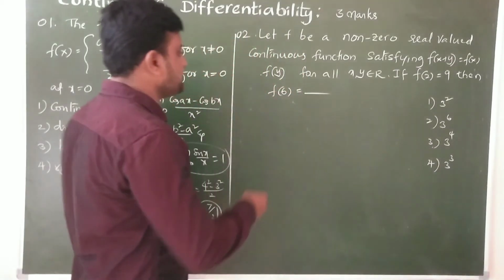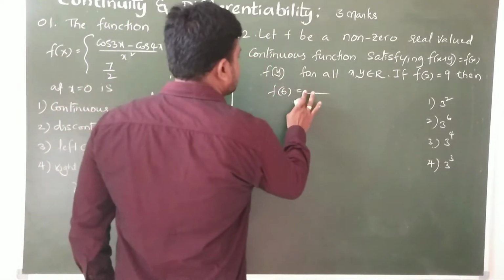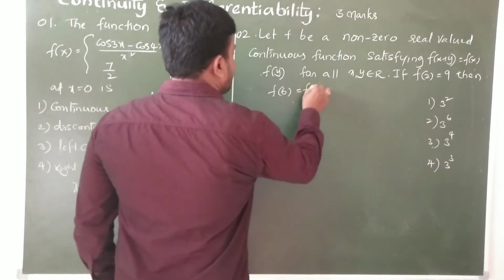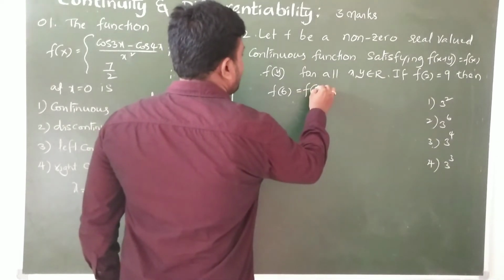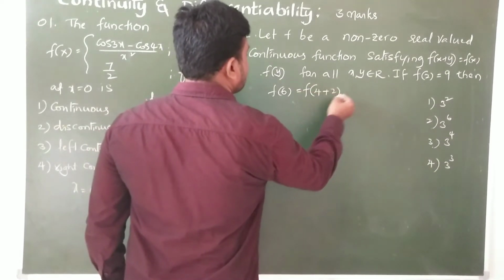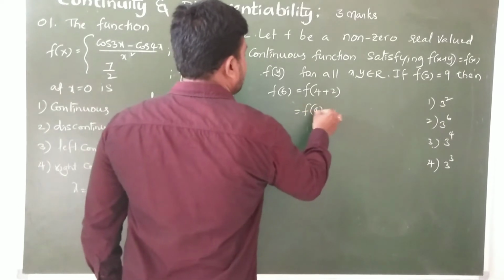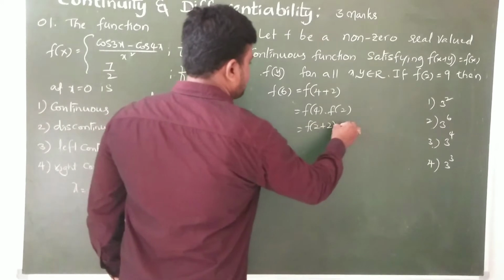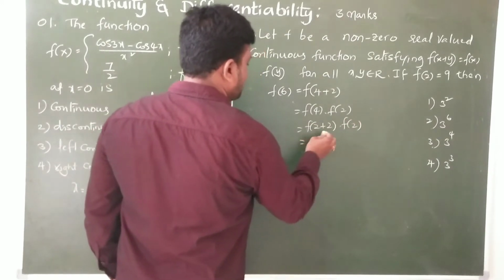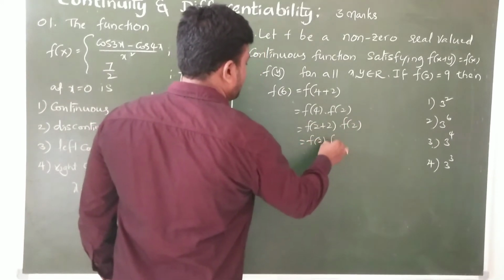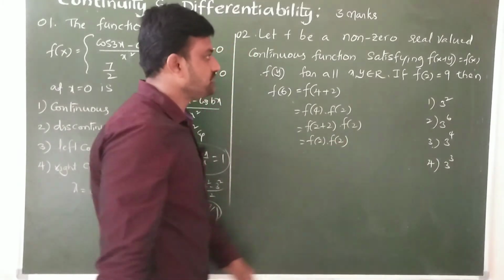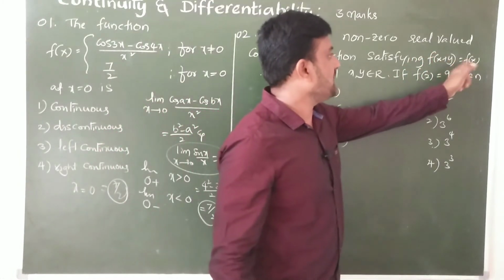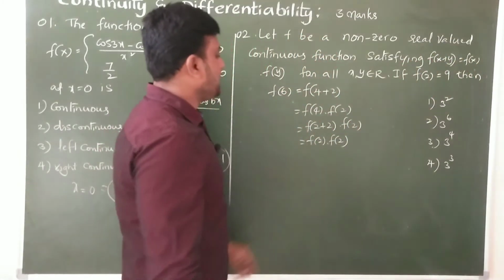Let us check. f of 6 equals f of 4 plus 2, then f of 4 into f of 2. And 4 can be written as 2 plus 2, so f of 4 is f of 2 into f of 2, because f of x plus y equals f of x into f of y.